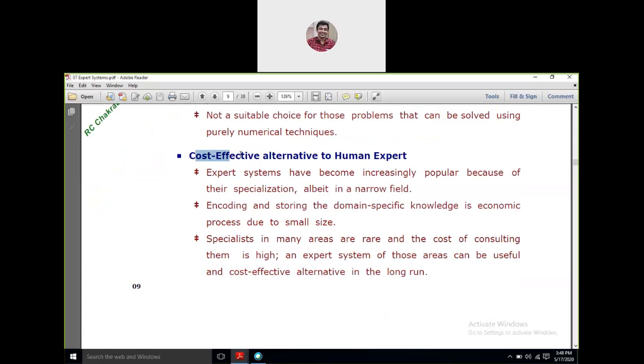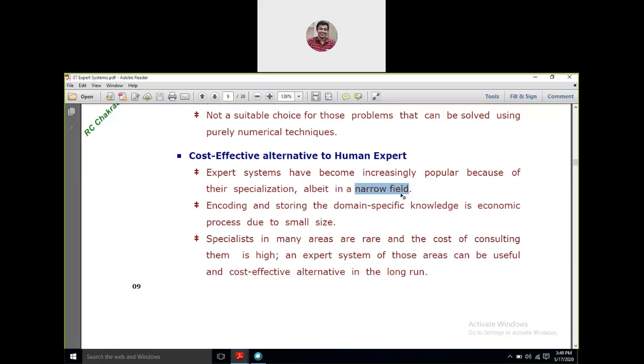They are a cost-effective alternative to a human expert. In most cases, whenever someone is very expert in a particular domain, let's say cyber crimes, the medical domain, or ethical hacking, that person charges a hell of a lot of money for giving you his knowledge or expertise. So expert systems have become increasingly popular because of their specialization, even though they are restricted to a very narrow field.